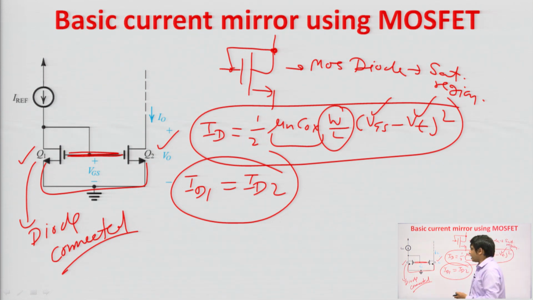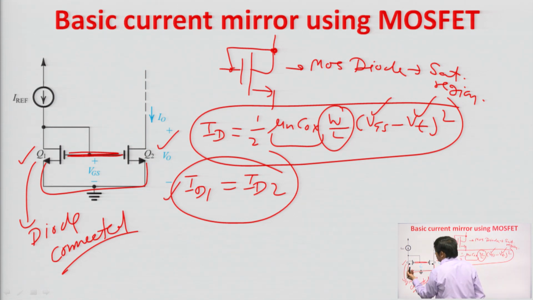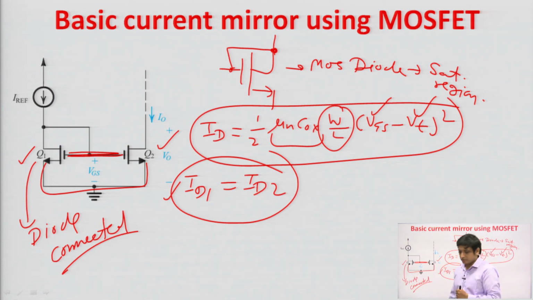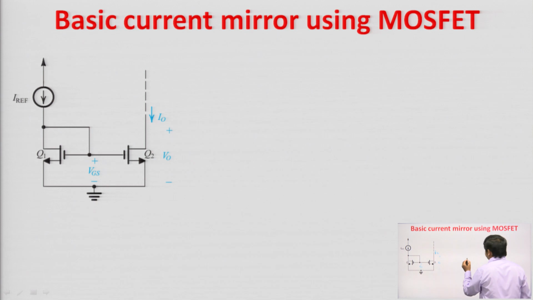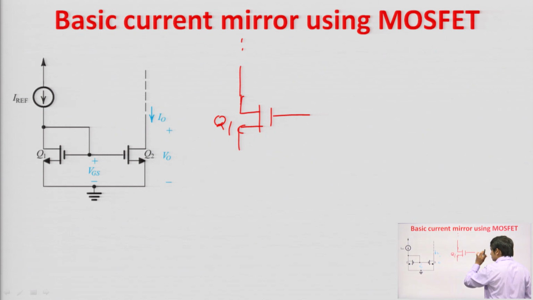Now, the question arises that if it is happening so, then why have we shorted the drain and gate terminals of the Q1 transistor? So, let us understand why we have shorted it. See, consider the case if this is not shorted, if Q1 is not diode connected, then what will happen?